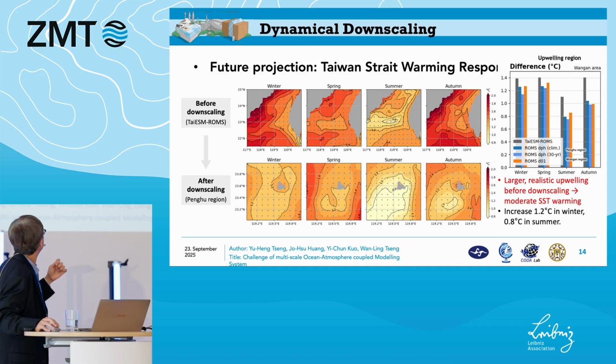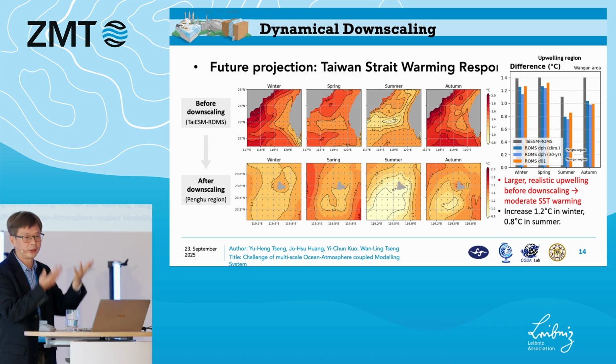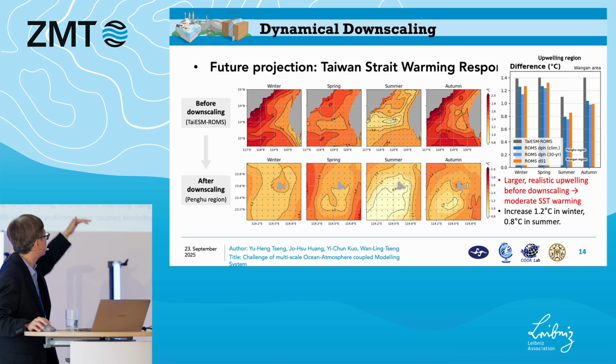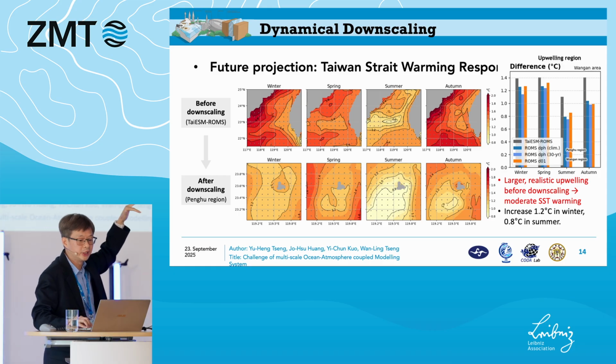But when we look at the kilometer resolution results, the increase of sea surface temperature is around 1.4. The scales over here and here are all the same. So actually, why can this warming be reduced at even higher resolution? Mainly because of enhanced topographical upwelling. It can enhance the mixing, so the coastal upwelling can reduce the future warming seen in the kilometer simulations.